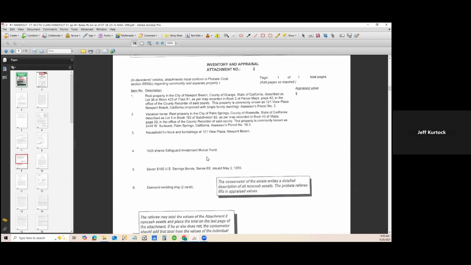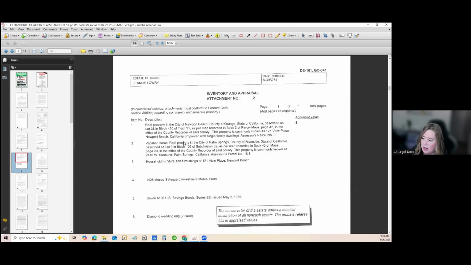How do you know that a CD is attachment 1, but a mutual fund is attachment 2? One of the things as an attorney, hun, I can tell you this, or even pro pers, if you go and do an internet search for probate referee, I think it's probate referee guidelines or probate referee manual or something of that nature, you will see in there that you can do a find or a search, and you can type in whatever your asset is.